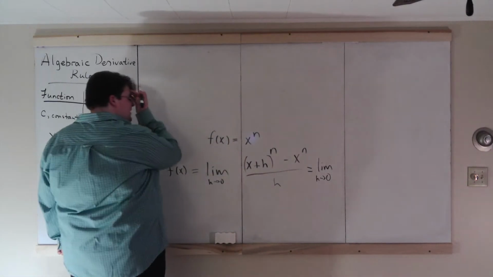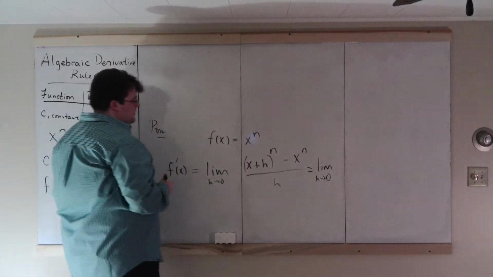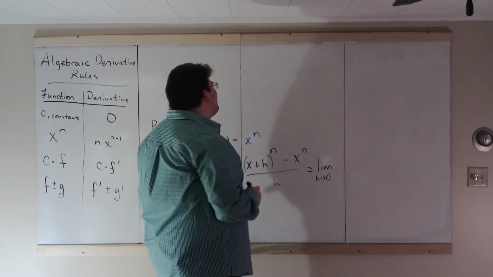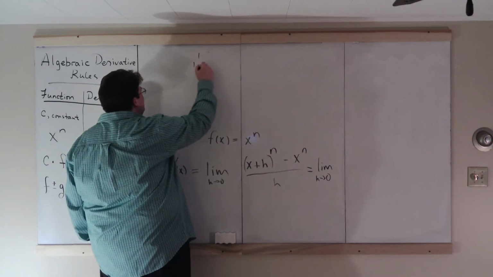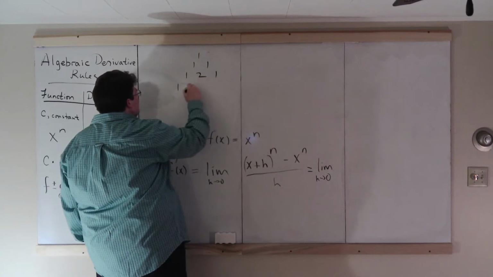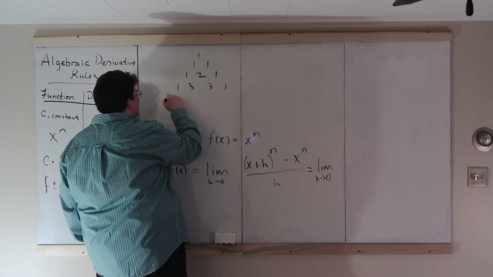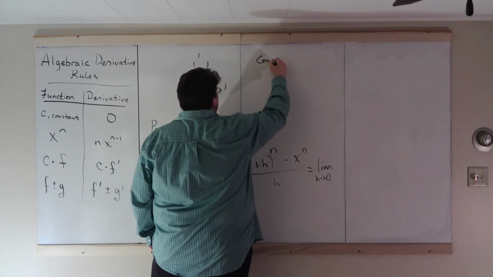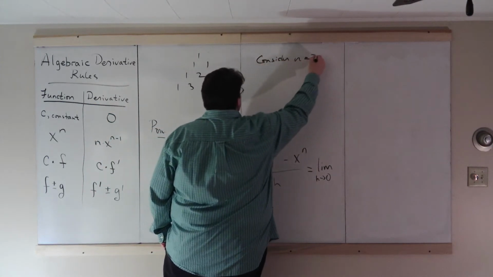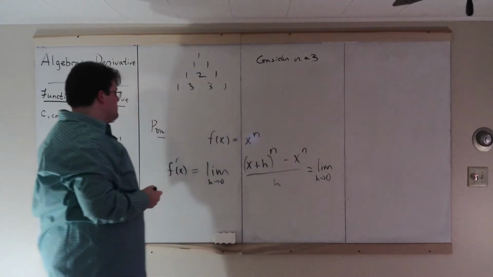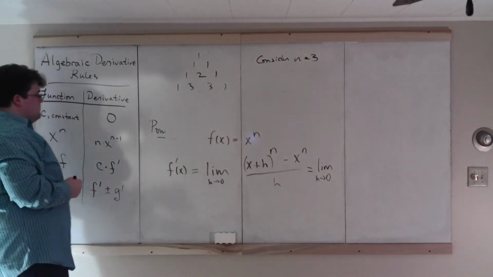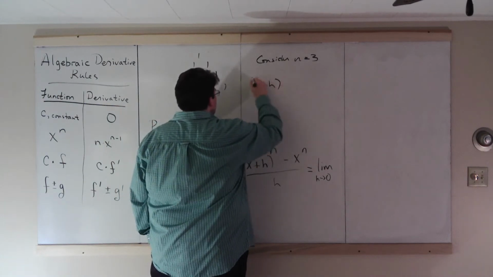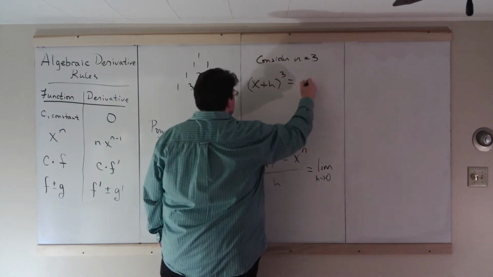Well, let's look at n equals 3. Let's look at what happens when n equals 3.